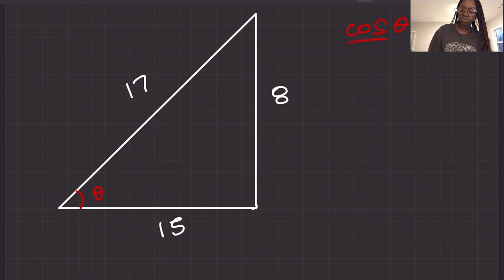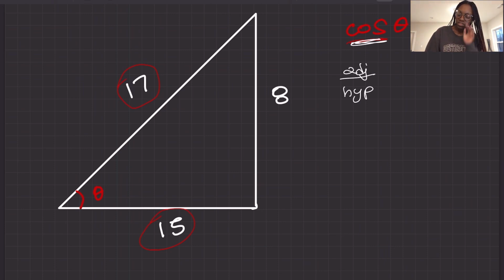So remember, cosine is equal to adjacent over hypotenuse, right? And so you are going to find the adjacent, which is right here, and the hypotenuse, which is right here, and you're going to stack them on top of one another.